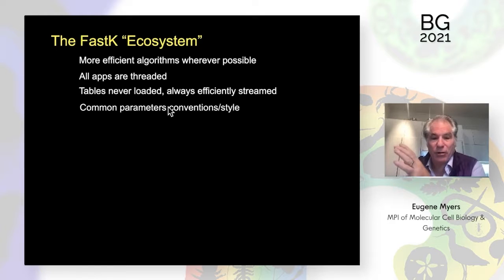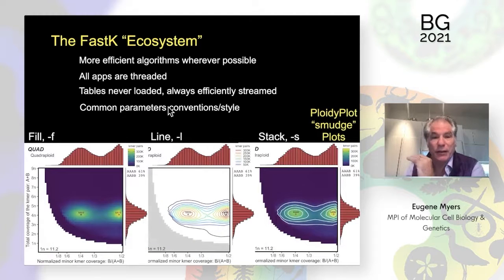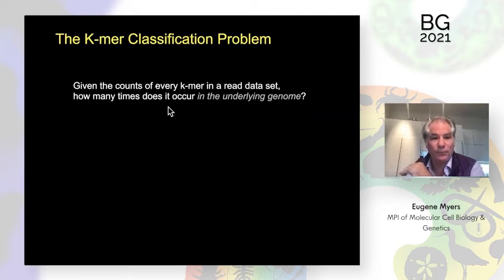They all share common conventions and options. For example, Ronri in the Mercury suite has a nice fill, line, and stack display option for her histograms. I basically took that same idea, and we also use it for ploidyplot to indicate heat map, contour, or stack of both. So finally, let me turn to the k-mer classification problem.